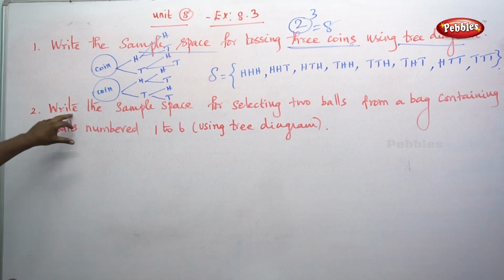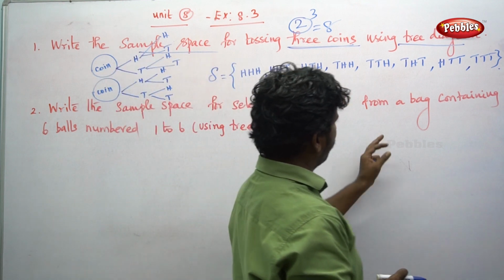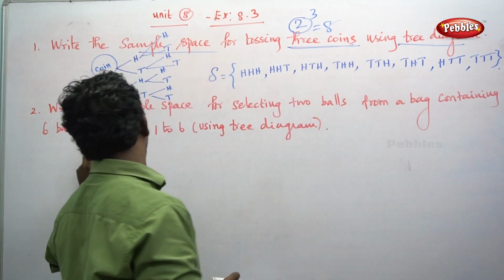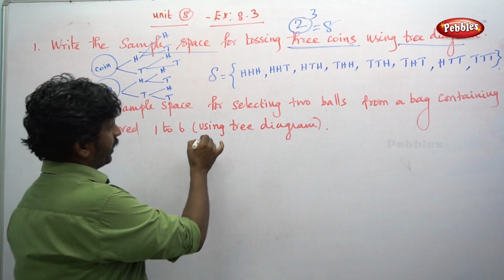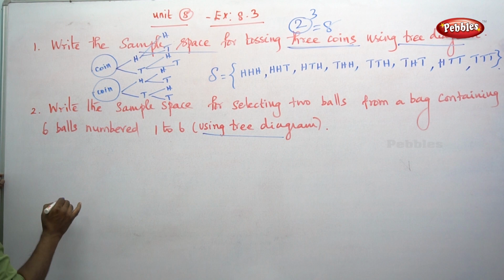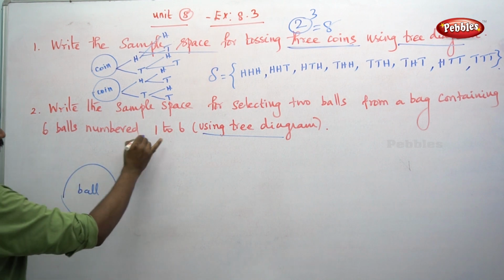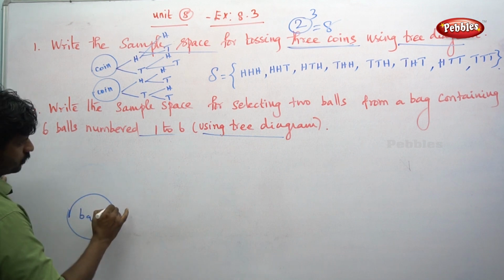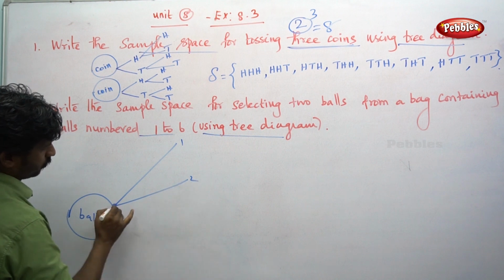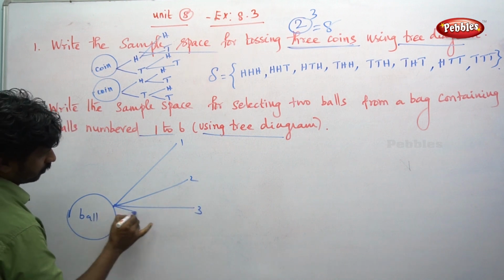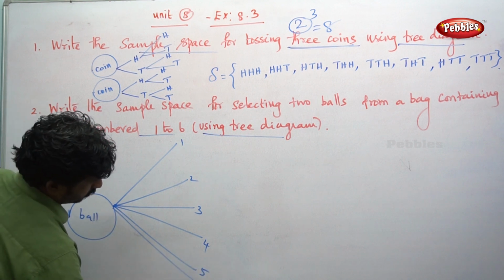ரைட், செகண்ட் சம் பாருங்கள். The sample space for selecting 2 balls from a bag containing 6 balls numbered 1 to 6 using tree diagram. So here also take a ball. This is the ball. So number என்ன கொடுத்திருக்கு, 1 to 6. So this is 1 2 3 4 5 6.